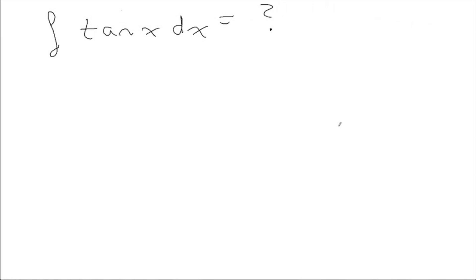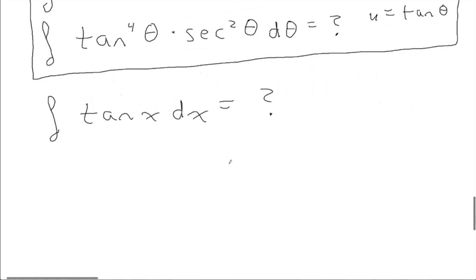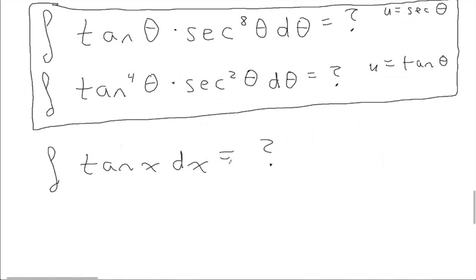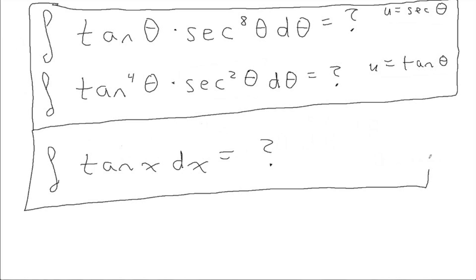Let's go back to my screen. Now we have a whole new problem here. Notice, when there's tangent and secant, we use these approaches. If there's only tangent by itself, we use a whole different approach. What was the substitution we used here?